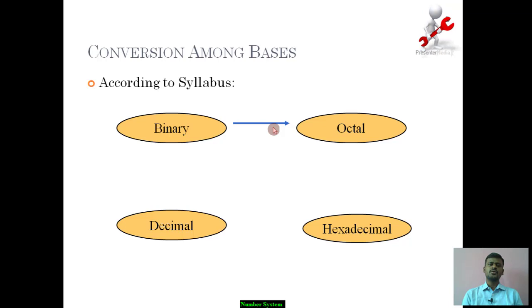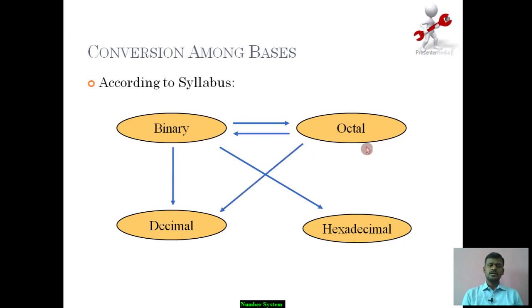Out of this we are going to learn the conversion among binary to octal, next binary to decimal, next binary to hexadecimal, total 3 conversions. Now next octal to binary, octal to decimal, and final one octal to hexadecimal. These are the possible 6 conversions we are going to cover in today's class.